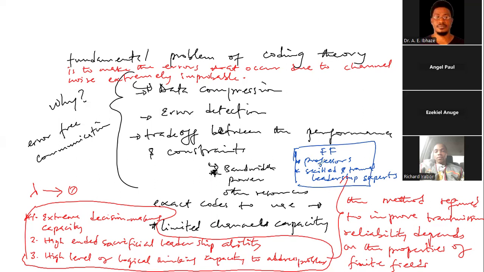So it means we need professors, we need skilled and trained leadership experts. Then we need some selfless persons, right? People that are really selfless individuals. I don't know where we'll find them. So these are the people that must be in this subset. Now we are saying that the method required to improve transmission reliability depends on the properties of the finite field.